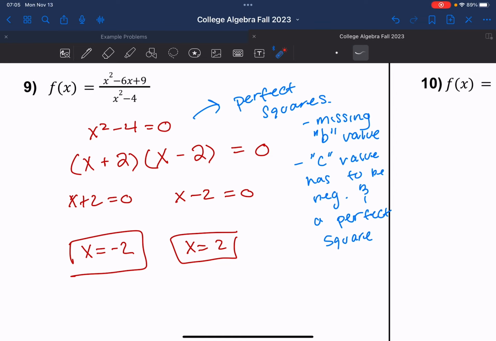You could do it that way and add the 4 over and then take the square root of each side, but you would have to remember that since this is a perfect square, we're going to have one positive answer and one negative answer. Because if you plug these numbers back in, whether the number was negative or positive, when you square it, it turns positive.